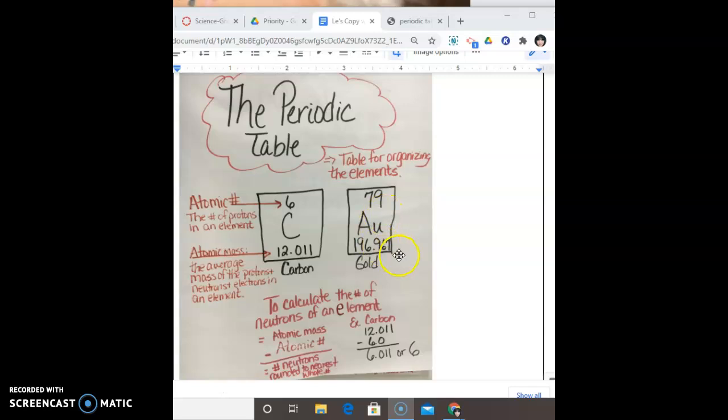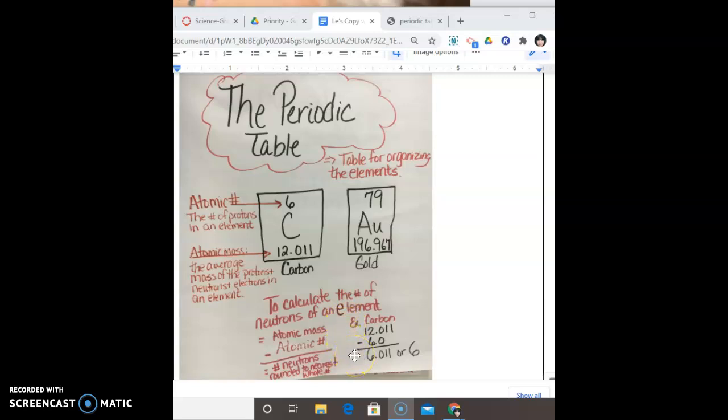So looking at gold, this is the atomic mass for gold, and this is the atomic number for gold. And in order to calculate the number of neutrons of an element, there are going to be some questions on your EOG and on your classroom test as well as your SMAs.